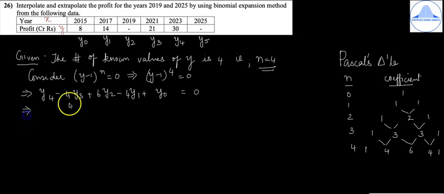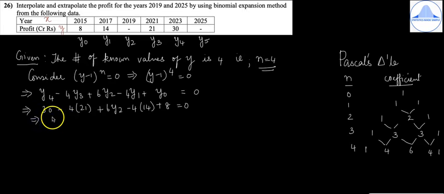Next, seeing the table, you substitute the values. So 30 minus 4 into 21 plus 6 y2 minus 4 into 14 plus 8 is equal to 0.